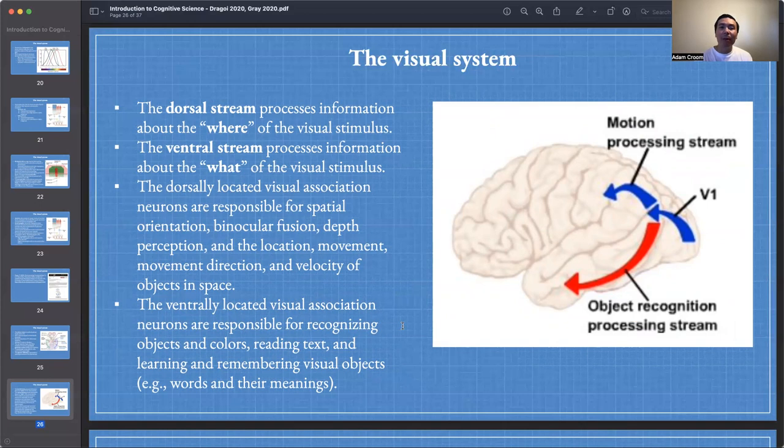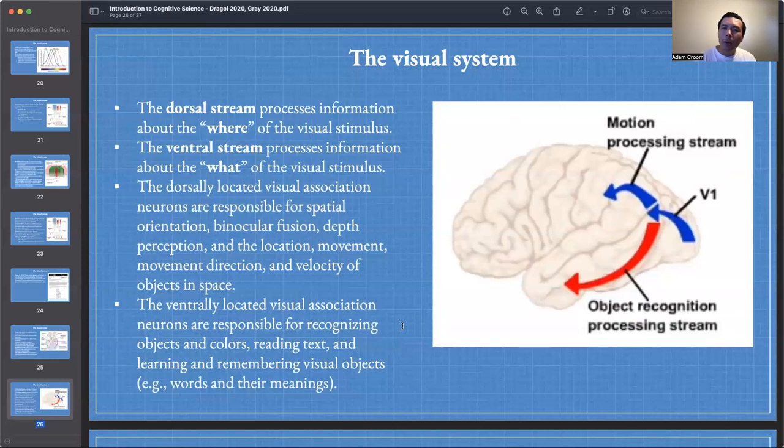All right, we have different streams of information processing, the dorsal stream and the ventral stream. The dorsal stream processes information about the where of the visual stimulus, and the ventral stream processes information about the what of the visual stimulus.